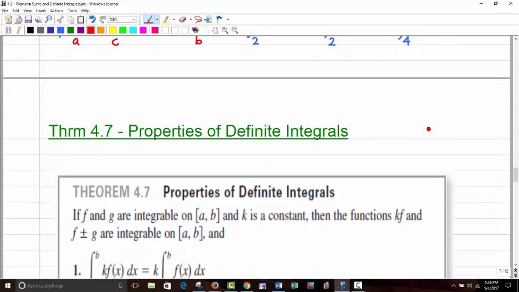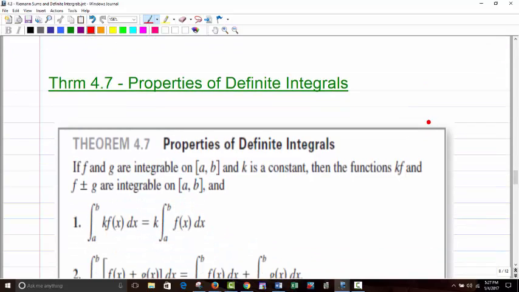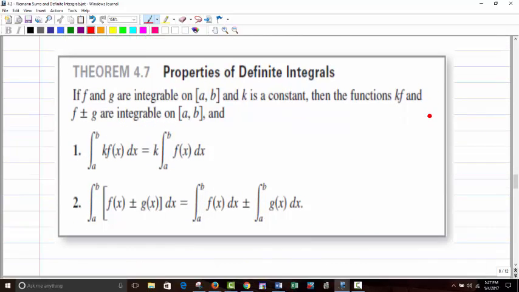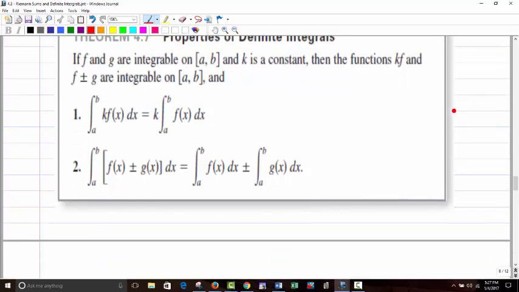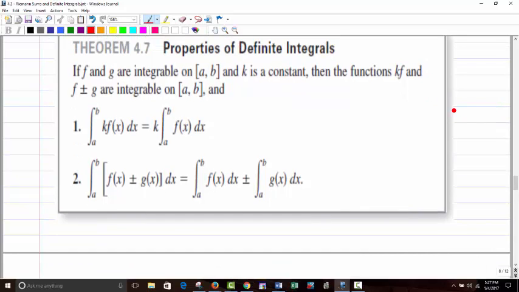All right, here comes some more properties of definite integrals. Now these two properties are exactly the same as they were for indefinite integrals, meaning that if you have some k representing a constant, we've talked about this, very important. The dx means x is your variable of integration. That means any x you had in here could not be pulled out.